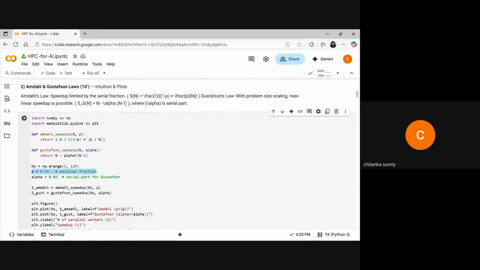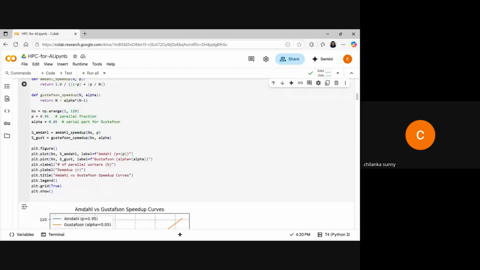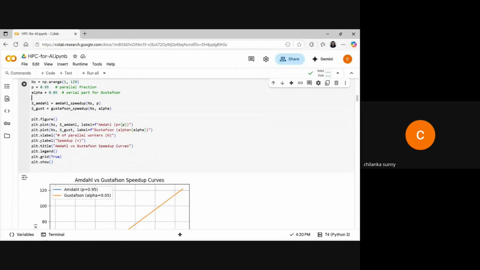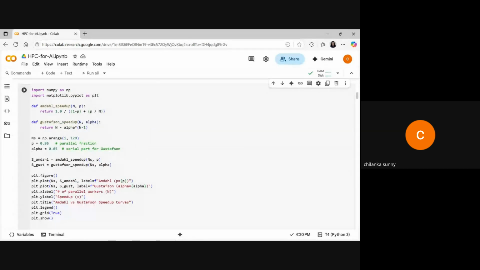To see how it affects weak scaling, we'll be modeling the Gustafson speedup as well. For that, we have alpha, which is the serial part for Gustafson. So I've set P as 0.95 for strong scaling and alpha as 0.05, which means the split is pretty much the same. So we are going to model Gustafson and Amdahl for 1 to 120.